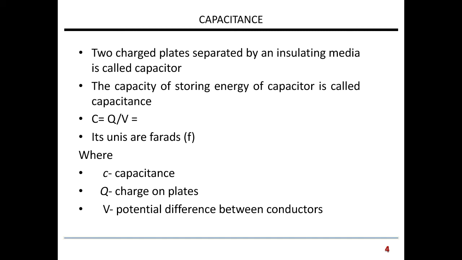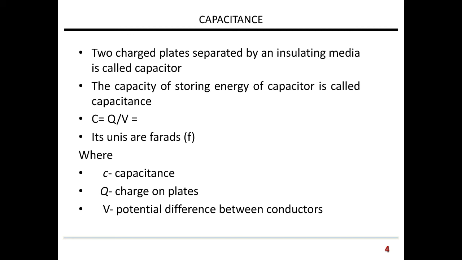We have to remember that the charge on both the plates is the same. One has positive polarity and the other has negative polarity, but the magnitude of the charge on each plate is the same. We have to remember that point. And V is the potential difference between the conductors. So this is the basic definition of capacitance.